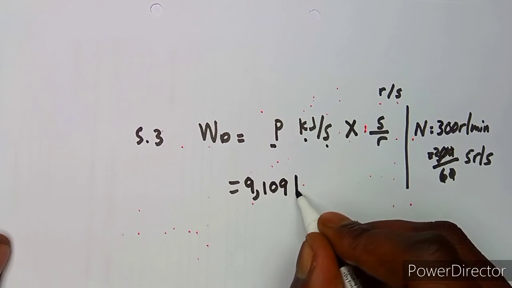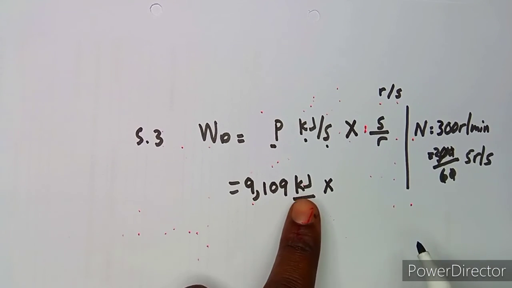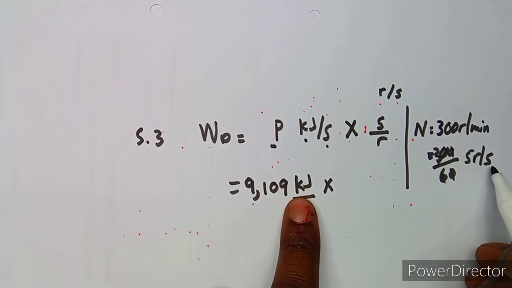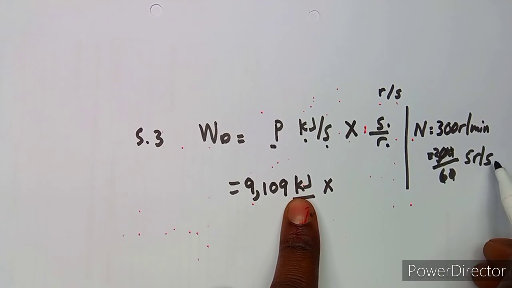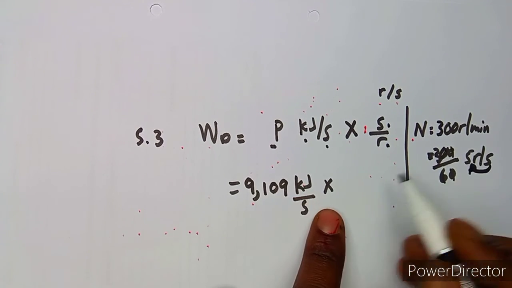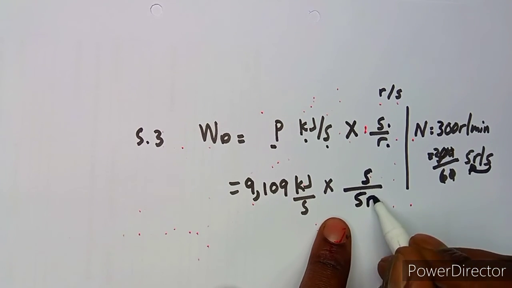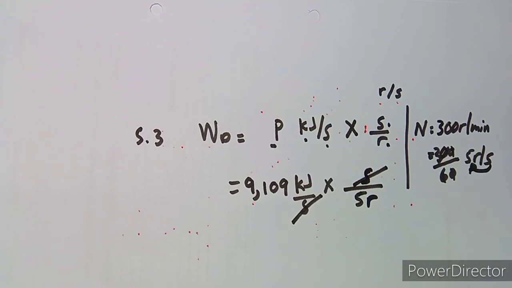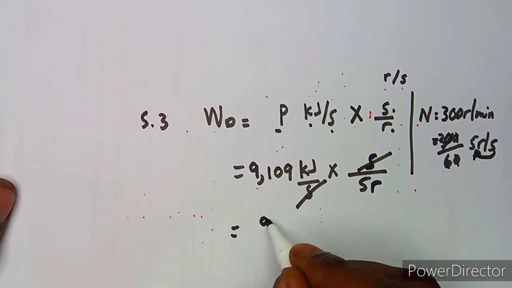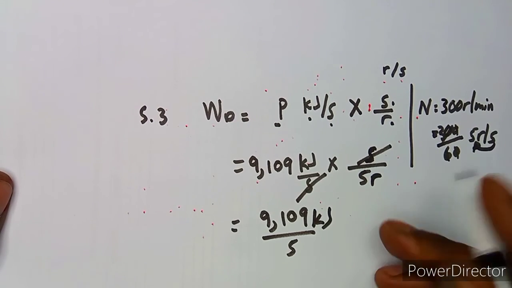To remove the per second so that you remain with kilojoules only, you write second over revs, just like what we did in our previous case. So it's the opposite: second over 5 revs. The seconds cancel, so you obtain 9,109 over 5, in kilojoules per rev.